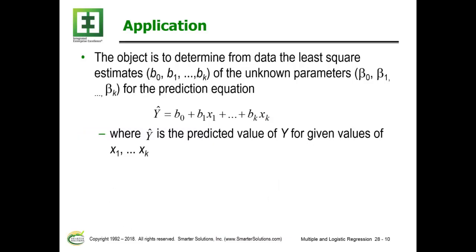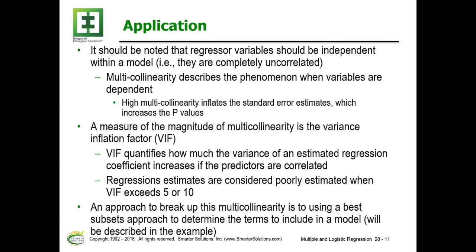So when we have multiple regression, we've got several factors and inputs, and they're each going to have their relationship slope, like B1, B2, and so on. Now, one thing we need to be aware of, there can be multicollinearity, which indicates that the inputs are actually correlated to each other, which is not good. That affects our prediction equation.